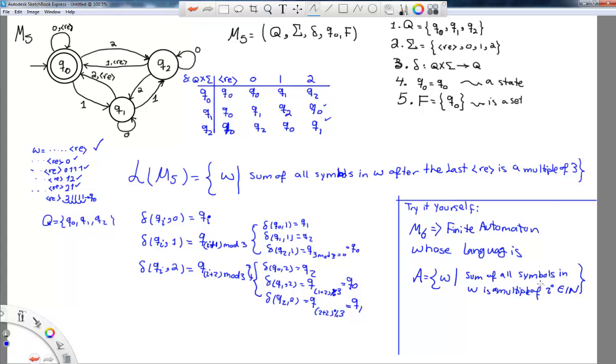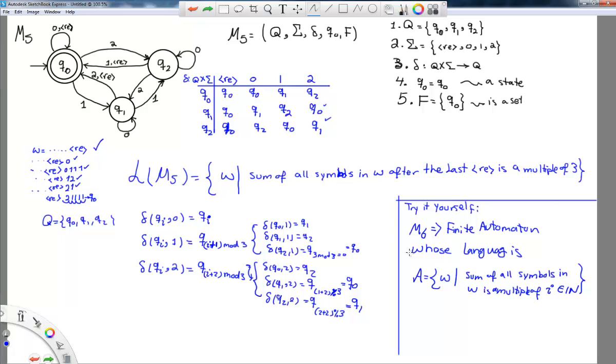So I would like you to try to formally define this machine, M sub 6, to be a finite automaton whose language is the set of all strings such that the sum of all the elements in the string is a multiple of i for some integer i. In this case, we showed you i being 3, and of course to simplify this I took the reset symbol out, so you don't have to worry about the reset symbol.